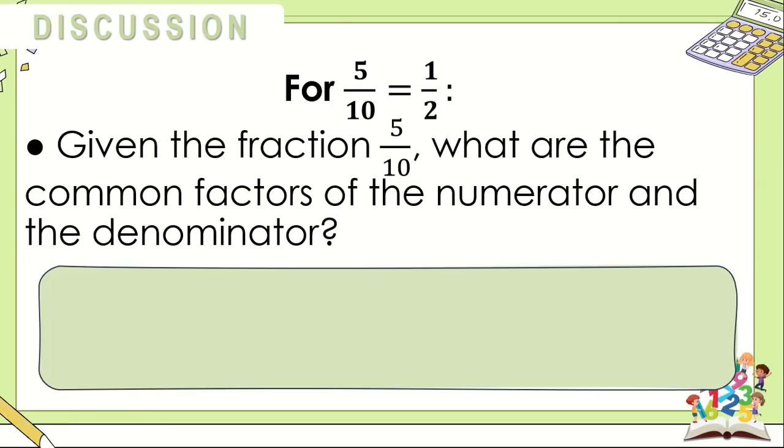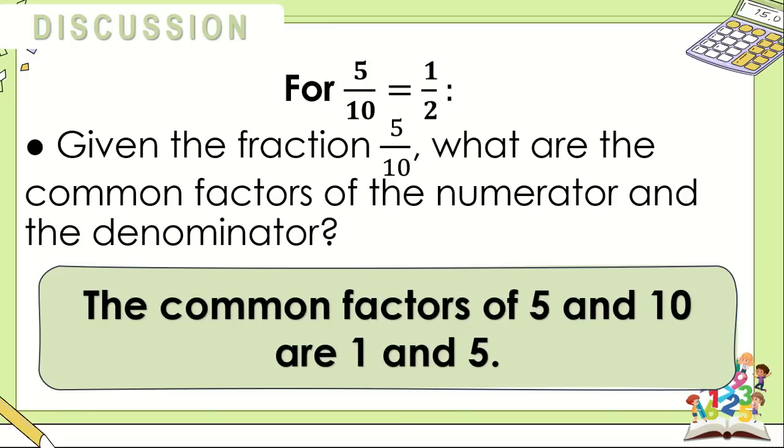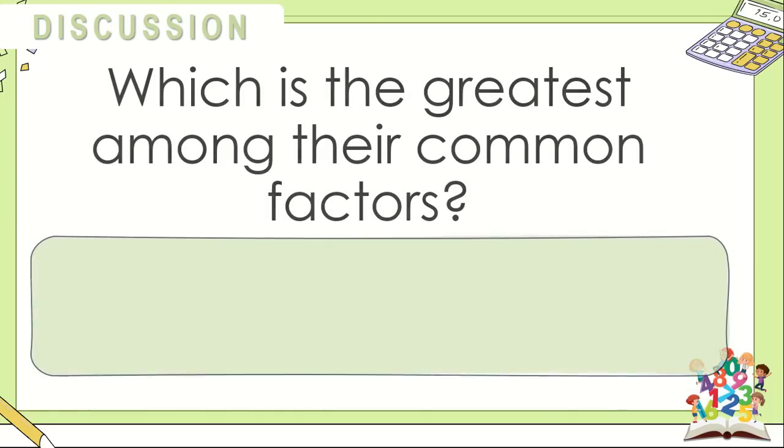For 5/10 is equal to 1/2, given the fraction 5/10, what are the common factors of the numerator and the denominator? The common factors of 5 and 10 are 1 and 5. Which is the greatest among their common factors?